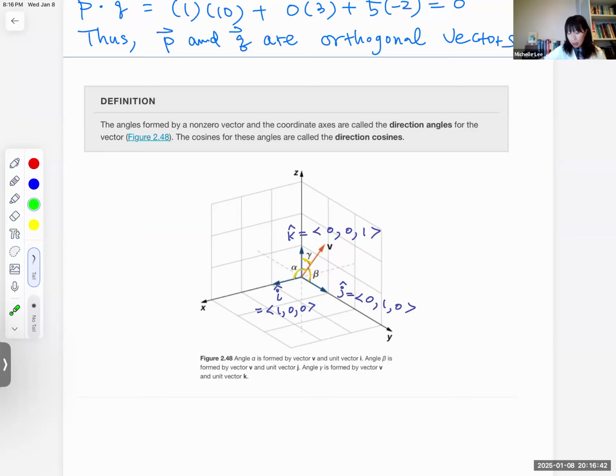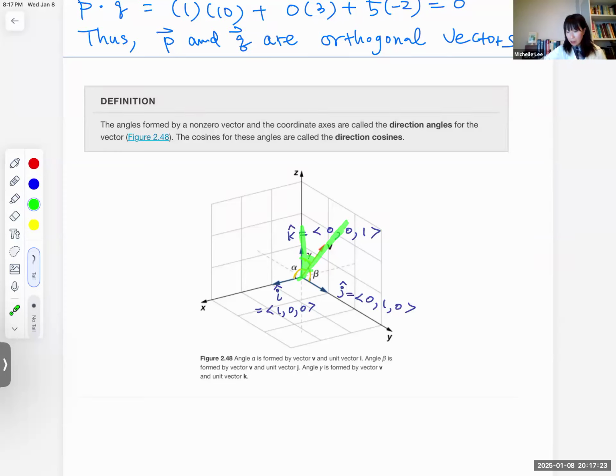How about angle beta? This one is formed by V and j. And angle gamma, all Greek letters, is formed by vector V and k. Can you see that?